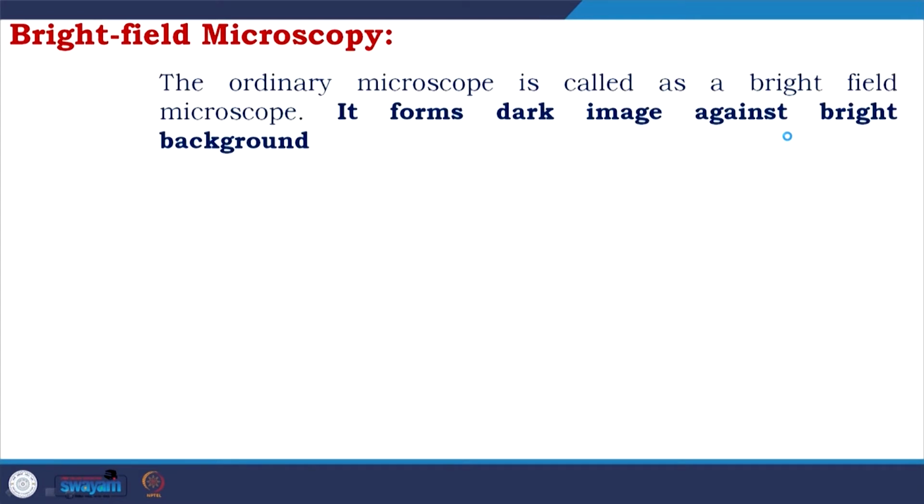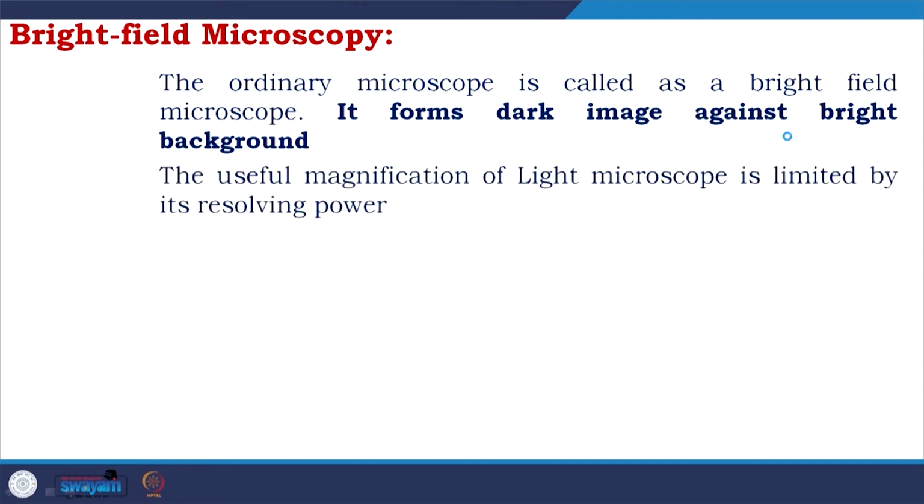So, bright field microscopy. The ordinary microscope is called a bright field microscope. It forms a dark image against the bright background. The useful magnification of a light microscope is limited by its resolving power.